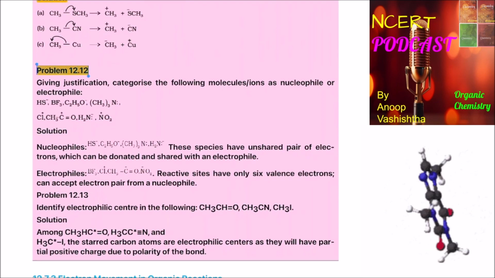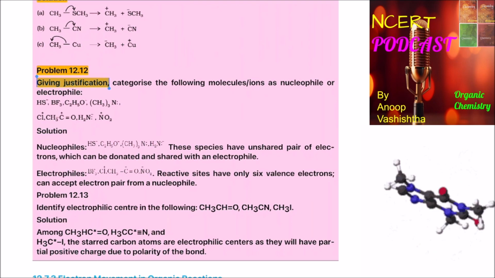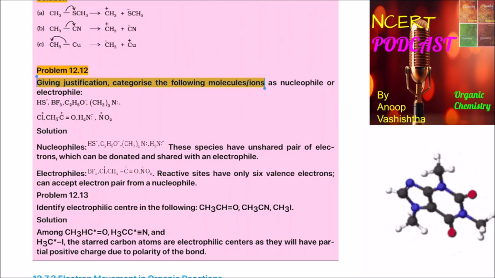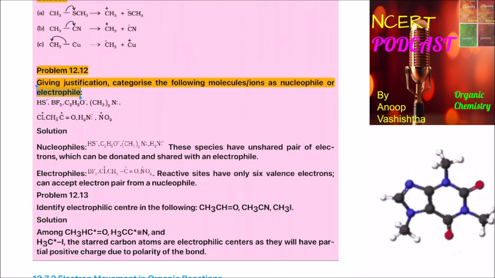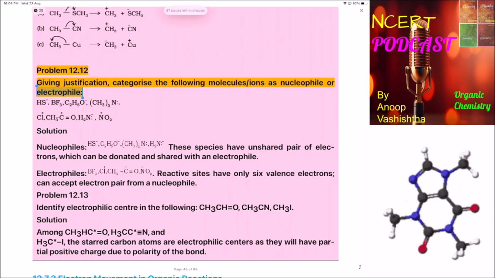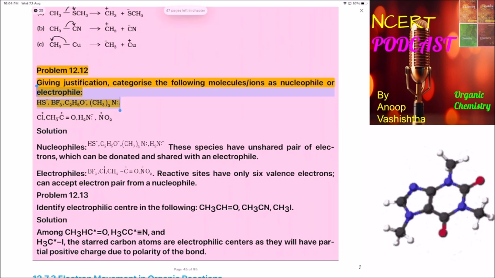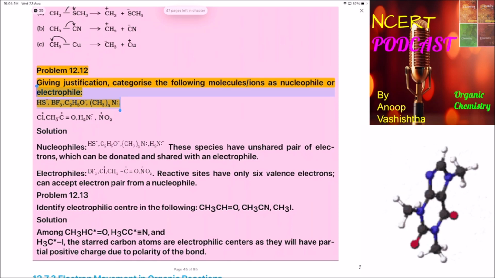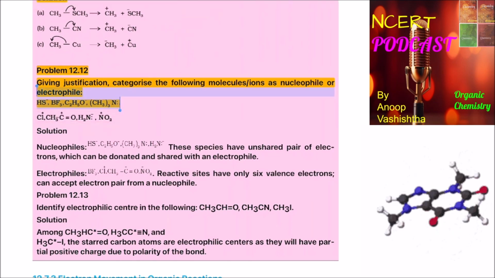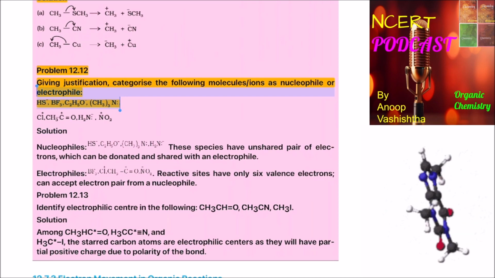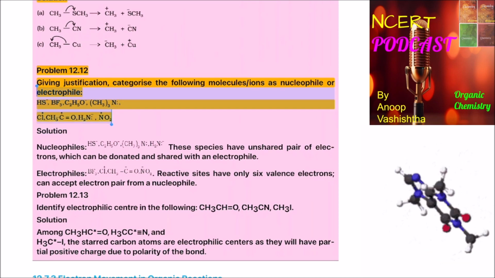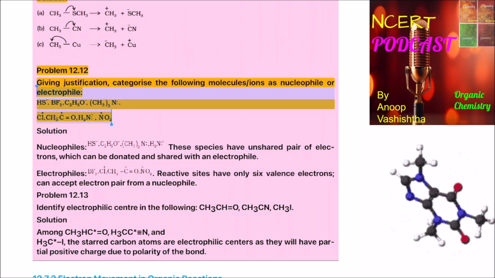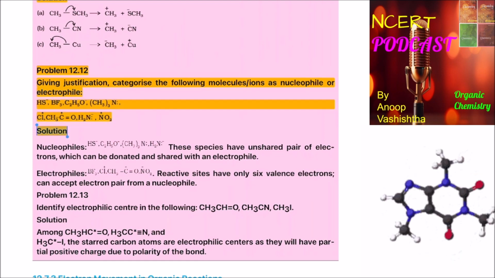Problem 12.12. Giving justification, categorize the following molecules and ions as nucleophile or electrophile: HS-, BF3, C2H5O-, (CH3)3N, Cl+, CH3-C+=O, H2N-, NO2+. Solution.